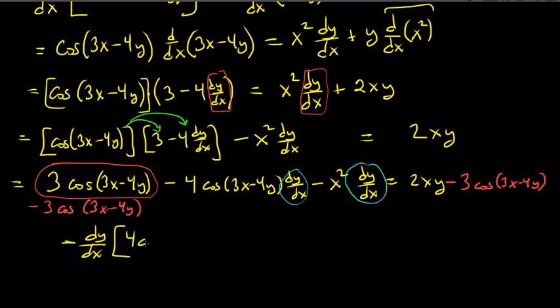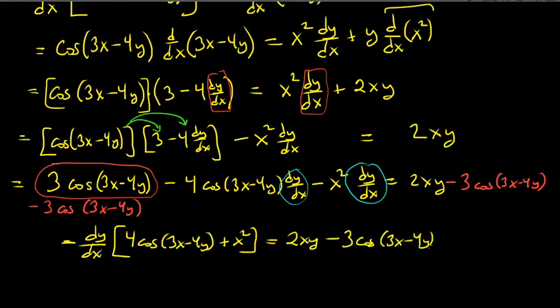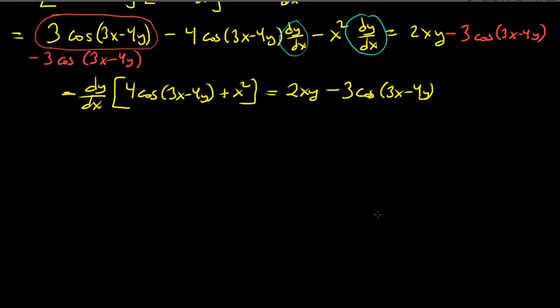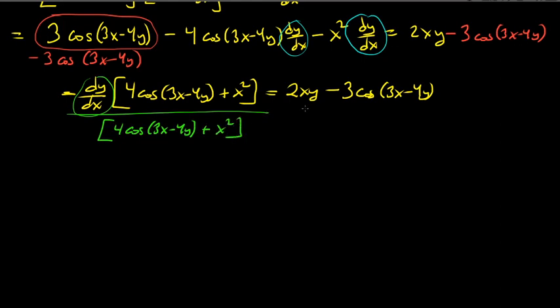It multiplies 4 times the cosine of 3x minus 4y plus x squared. See, I factored out the negative sign. And this is still equal to 2xy, but now minus 3 times the cosine of 3x minus 4y. Now we're almost done, because now I can divide by everything that's not the derivative, this whole factor here, 4 cosine of 3x minus 4y plus x squared, on both sides.